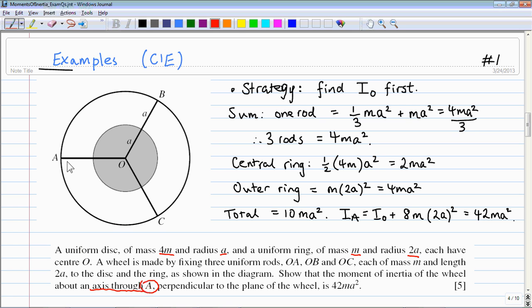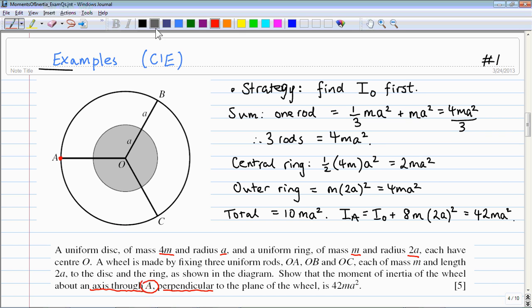Here its position is at A, not at O. And it's also defined by its orientation. Here the axis is perpendicular to the plane of the wheel. Not always, but very often the axis will be perpendicular to the plane of the diagram you're looking at. Okay, so we know where the axis is, and we're being asked to find the moment of inertia.